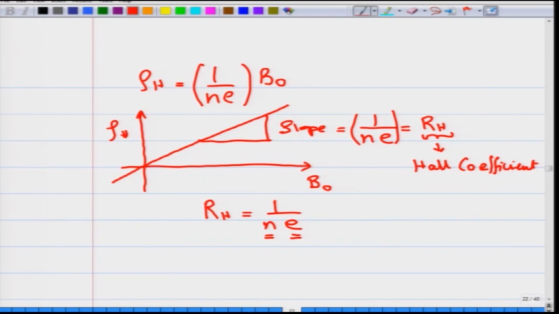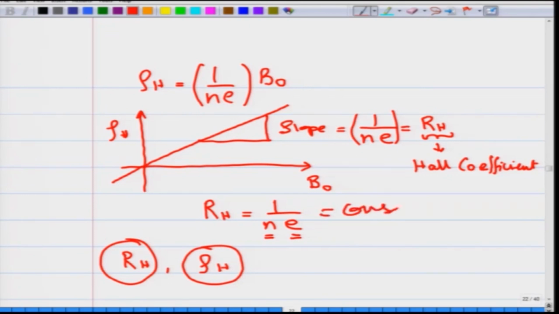Another very important aspect is that if you have measured the Hall coefficient of the material, since you have already determined Rh from a different experiment, then when you place this material in a magnetic field which is unknown and measure the Hall resistivity, you already know Rh of the material, because this is constant for a given metal.